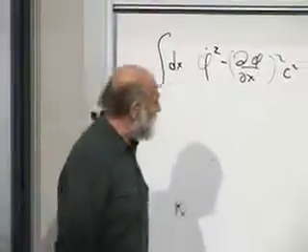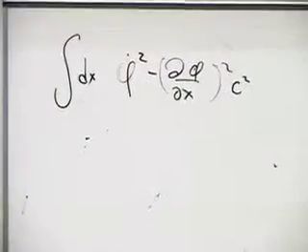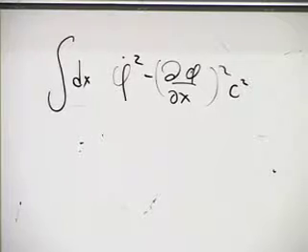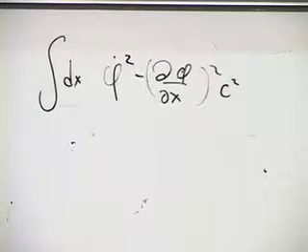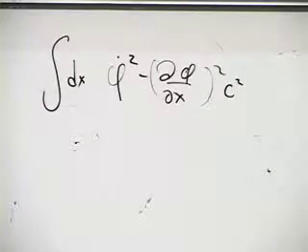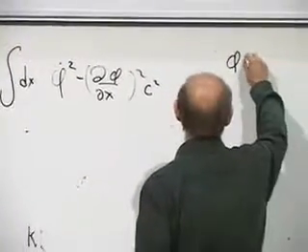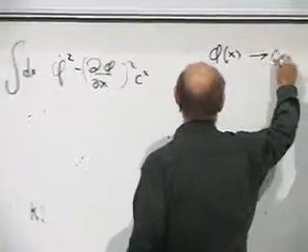Can you spot any symmetry? There's translation of the x-axis, indeed, but we're going to do that one later. There's a little simpler one. It's translation of phi. Supposing I take phi of x and shift it everywhere by the same amount.